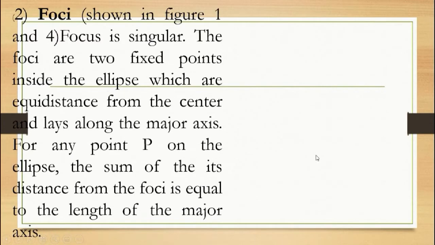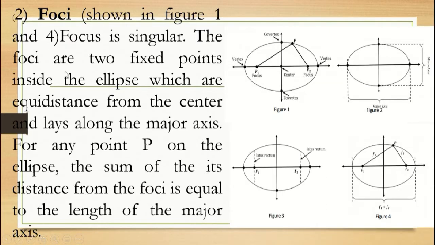Number 2, we have foci or focus, which is shown in figure number 1 and 4. The foci are two fixed points inside the ellipse which are equidistant from the center and lie along the major axis. In figure 1, as what you can see, we have there point F sub 1 and point F sub 2. They lie along the major axis, and their distances going to the center are equal.